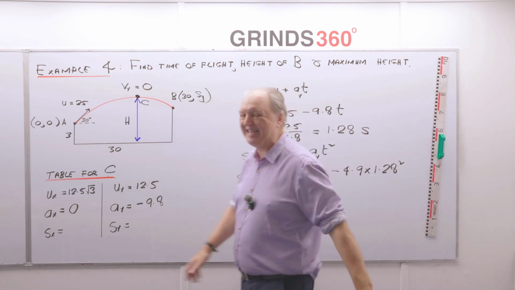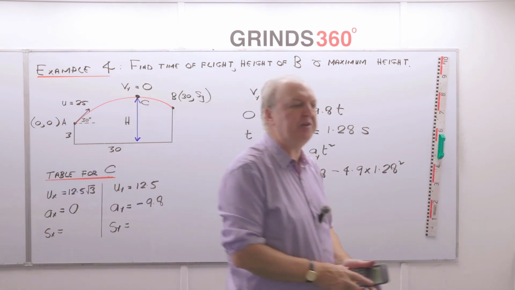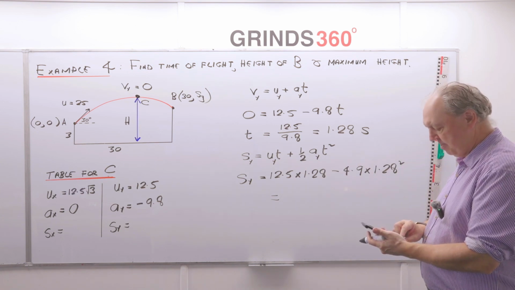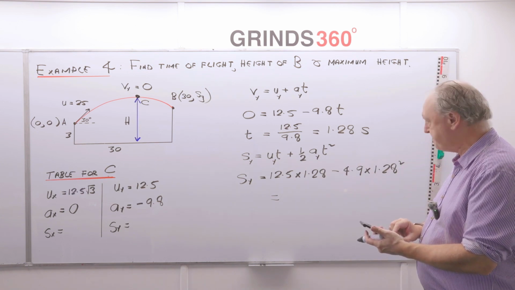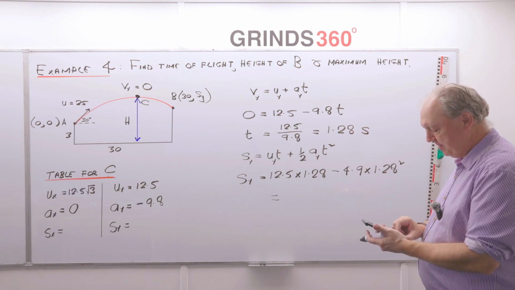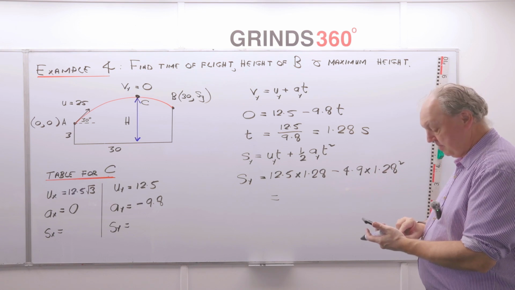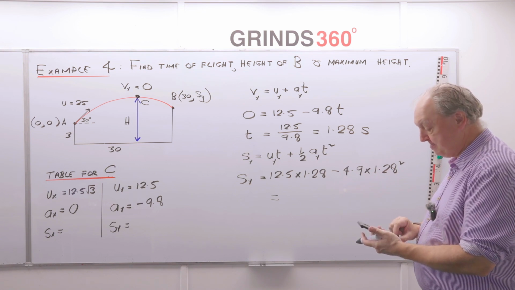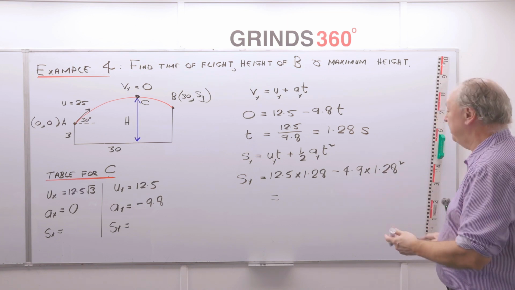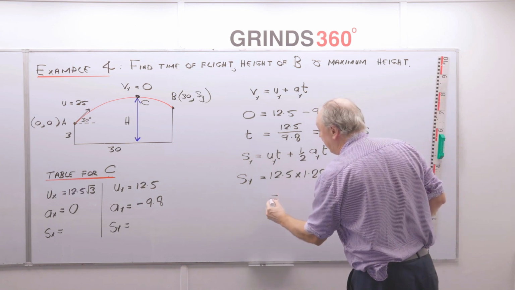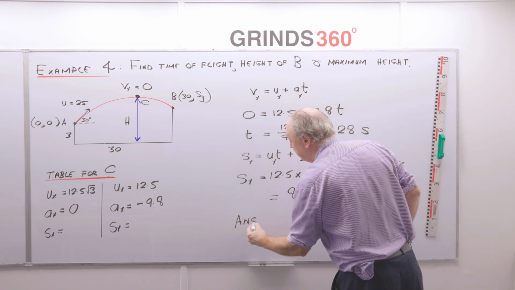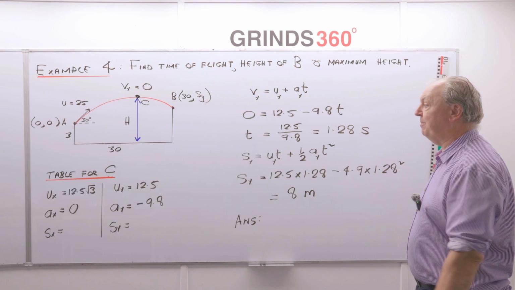So throw all that into my calculator and that will give me the distance of the maximum height above the origin in the y direction. And I get, say, 7.97. That's approximately 8 meters.